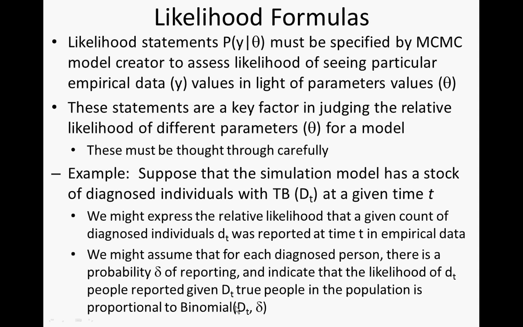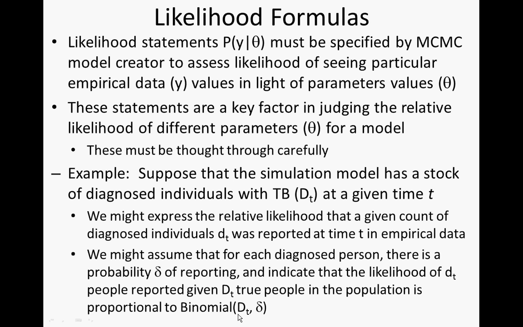So this is a probabilistic model. To arrive at this likelihood here, theta, we would first run the simulation model and get this d sub t at time t. And then we would assess the likelihood that d sub t results from a binomial distribution with this many tries and this likelihood of drawing for each try.